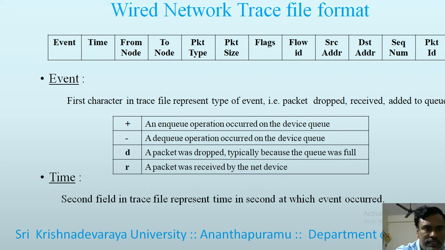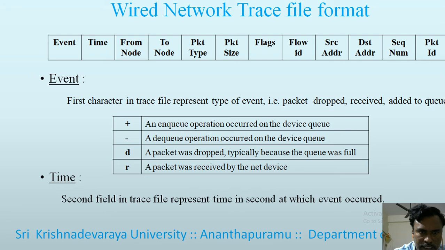So what does this plus mean? An NQ operation occurred on the node, in the sense that a packet has entered into the queue. A minus indicates a DQ operation, in the sense that a packet has left the queue.